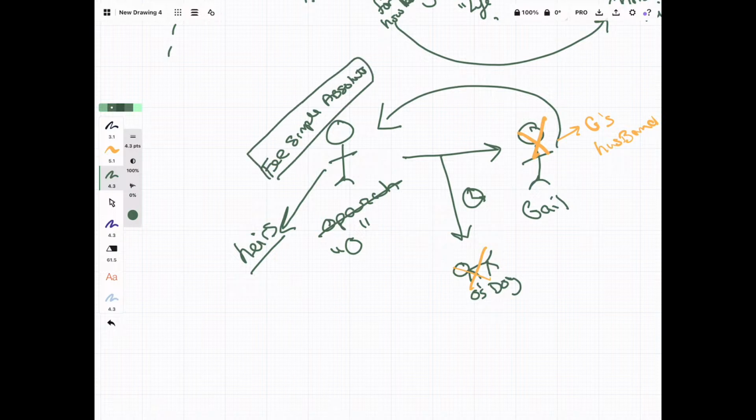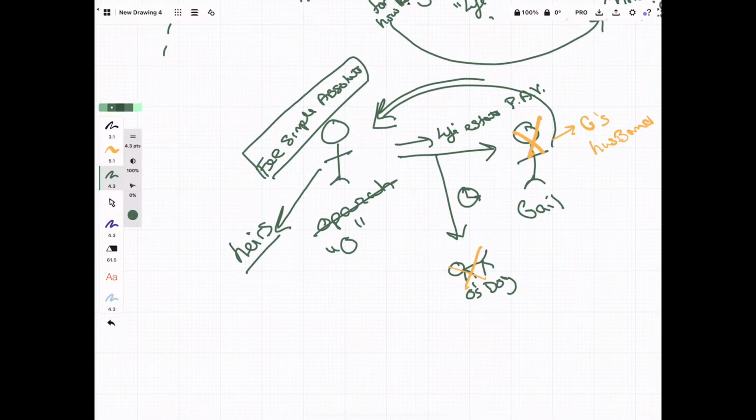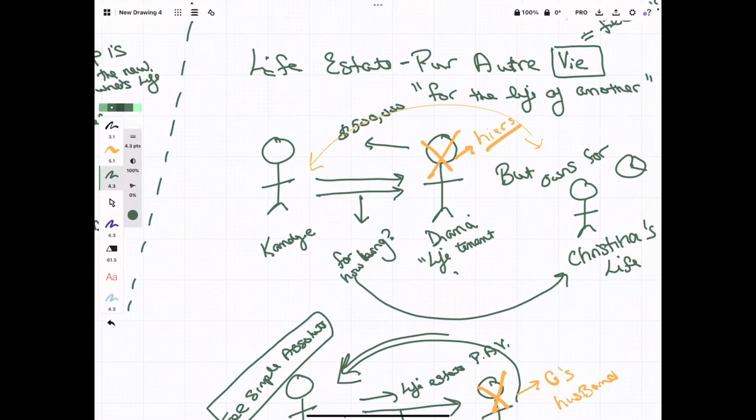That's what she started with, but she gave a life estate pur autre vie. And when it goes back to Oprah, it goes back to her, but if she's dead, it goes to her heirs. So Diana, you are absolutely correct. This is your life estate pur autre vie, for the life of another.